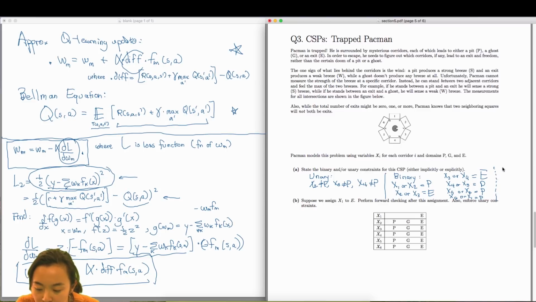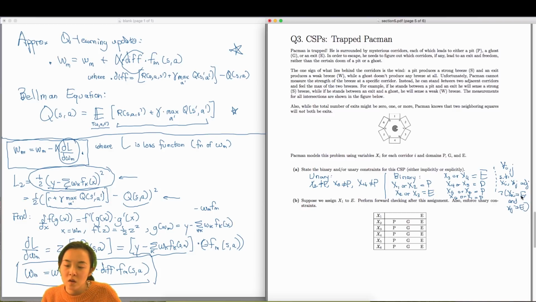So that just means for all i, j such that xi, xj are adjacent, they cannot both be exits. Okay, so those are the constraints.